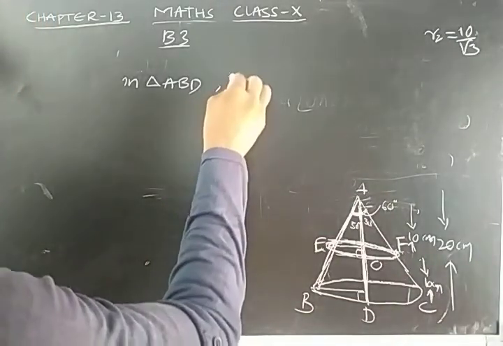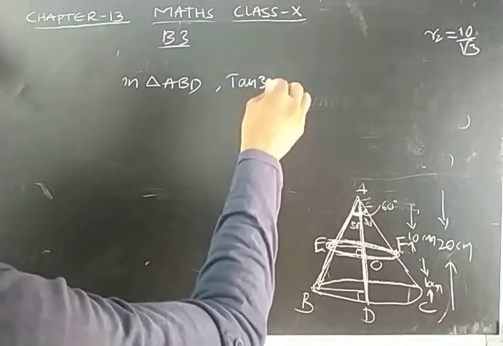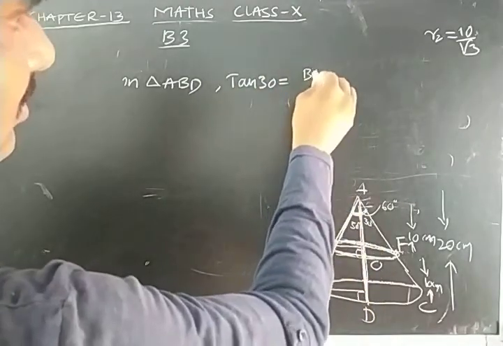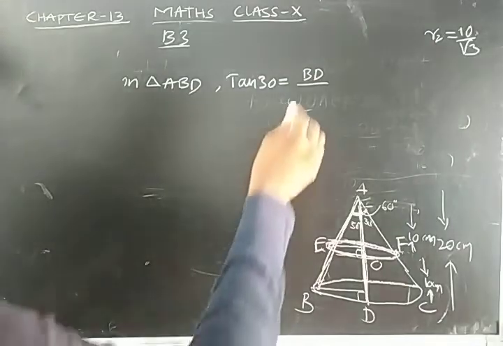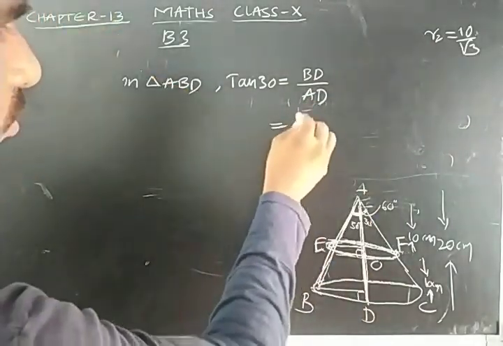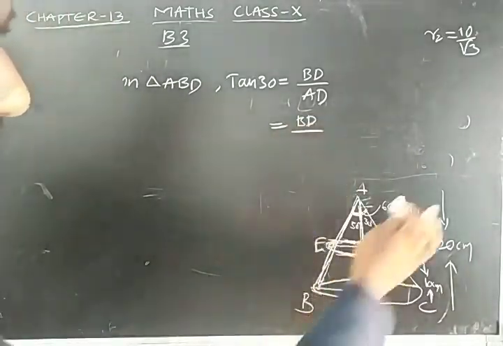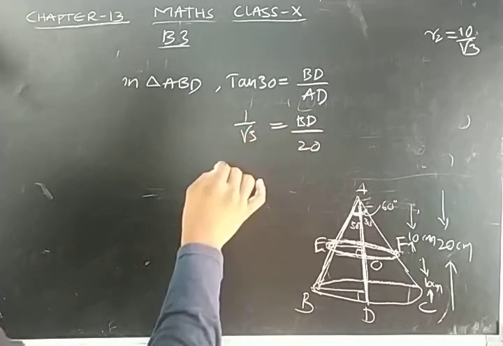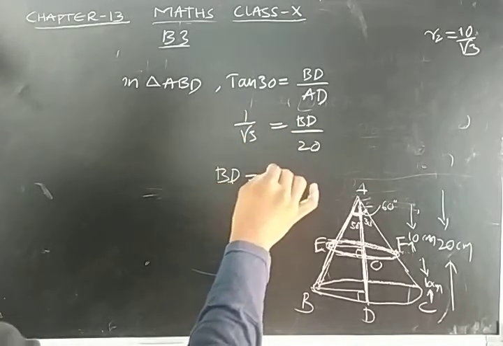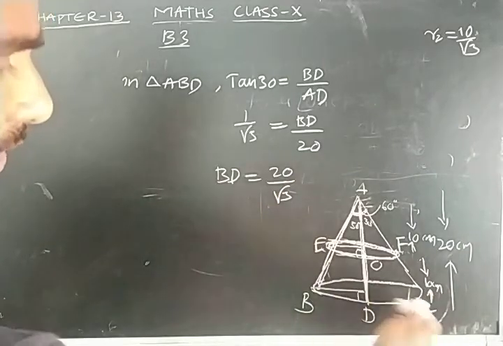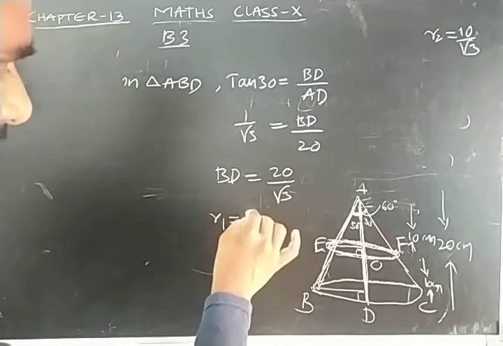So again tan 30 is equal to opposite BD by adjacent AD. AD is the total height of the cone, which is 20 centimeters. BD we don't know. Tan 30 is 1 by root 3. So BD is equal to 20 by root 3. BD is the lower part radius, so I am taking this as R1. R1 equal to 20 by root 3.